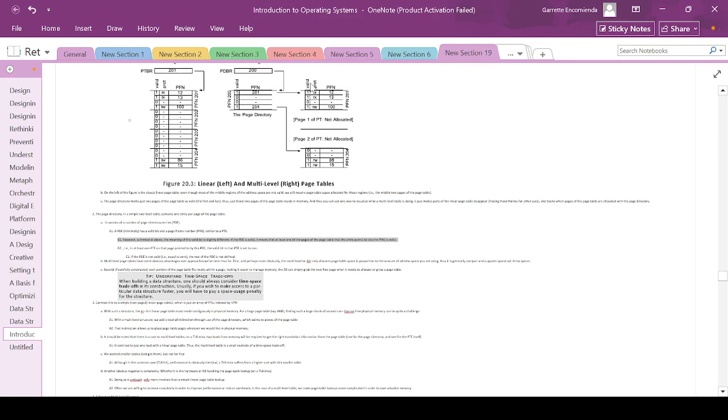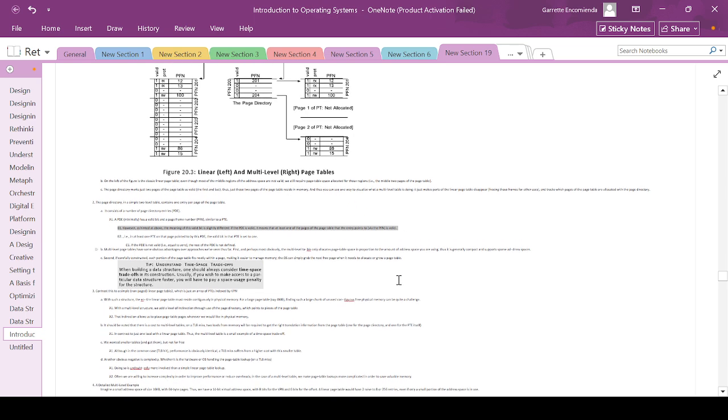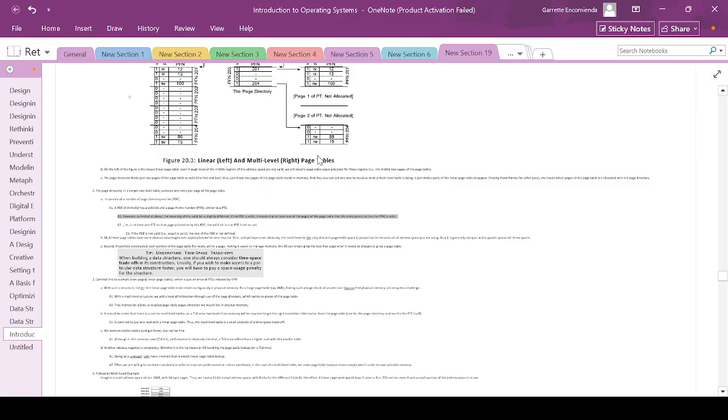So at least one of these pages in this page table. Again, it's a page table that contains pages. As you can see, 3 of them are valid and 2 of them here are valid. So it means one of the pages in this page table is valid.